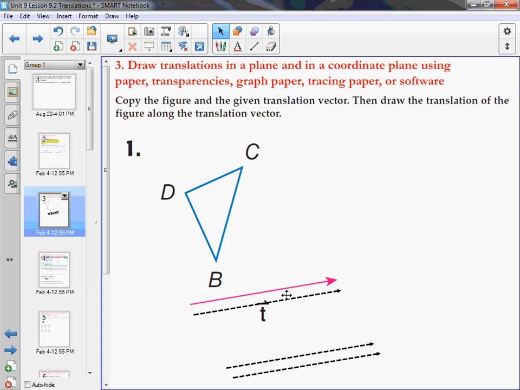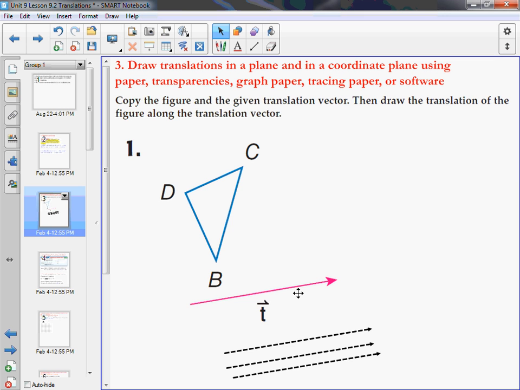So look, I copied mine. So make your directed segment something that's easy to copy, like on the edge of your protractor, make it 2 inches or 1.5 inches or something so that you can copy it over and over, okay? Make it some nice, easy measurement to use. And so what we have to do is this.